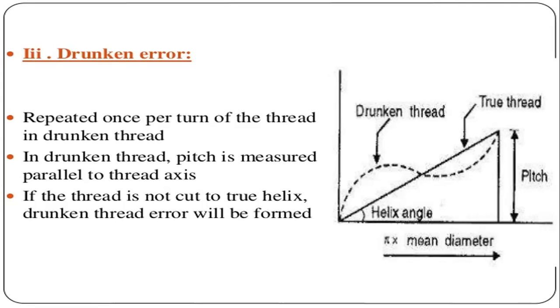So we can see the helix angle in the picture, in which it is measured with the pitch of the screw thread. So here, this is the true thread and this is the drunken thread. The first one is the true thread and the second one is the drunken thread. The straight line is the true thread, and in the second one these crests are coming.